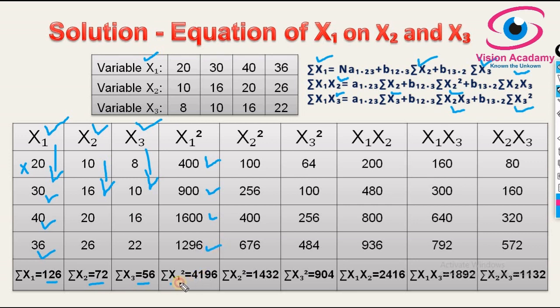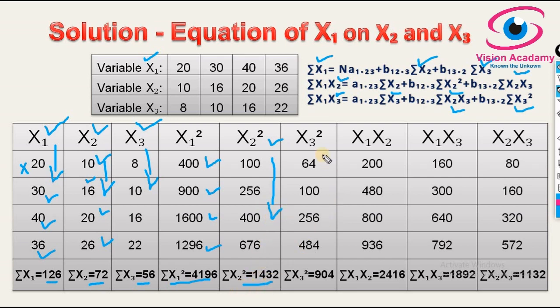So summation x1 square will be 4196. The same thing applies to summation x2 square, where the x2 values will be squared: 10 into 10, 16 into 16, 20 into 20, 26 into 26. So summation x2 square is 1432.